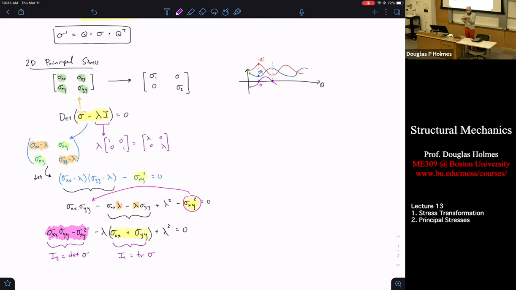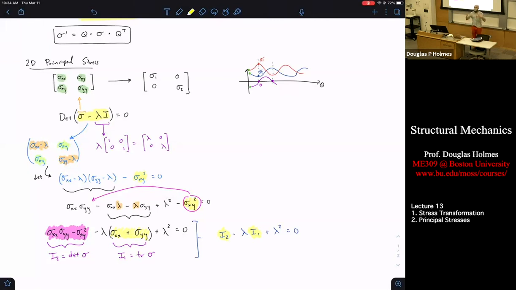So then we're left with a pretty straightforward quadratic equation: second invariant minus lambda times first invariant plus lambda squared equals 0. I do this because in 3D it's less obvious, but the takeaway is still the same. A 2D matrix, therefore a 2D tensor, has two invariants. A 3D matrix or 3D tensor has three invariants.